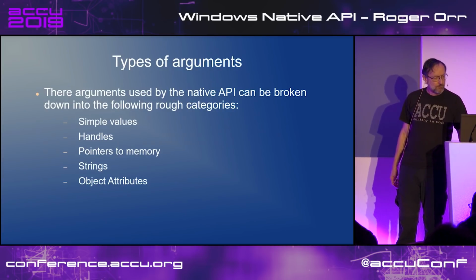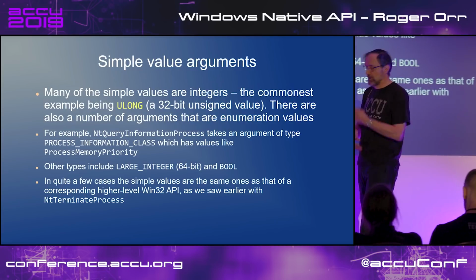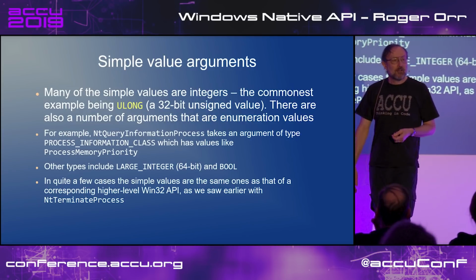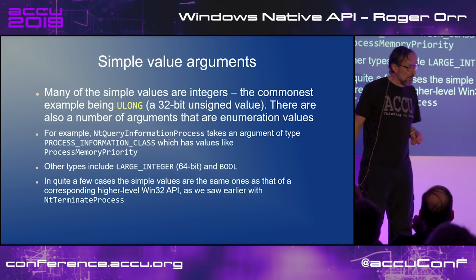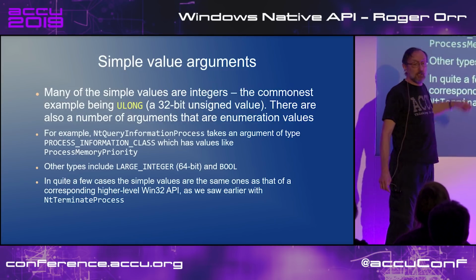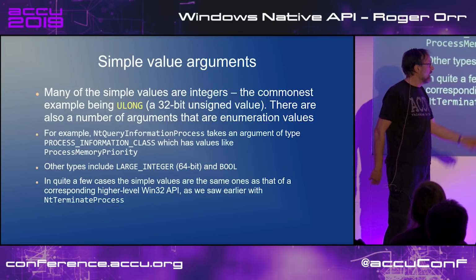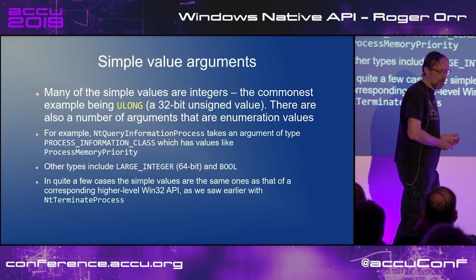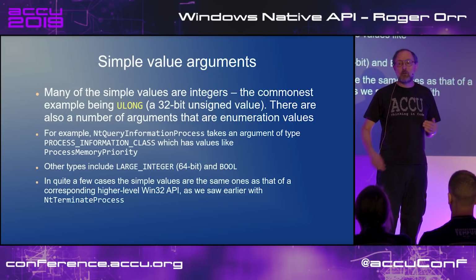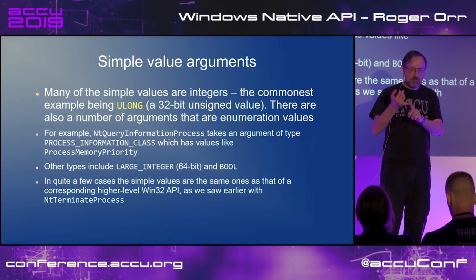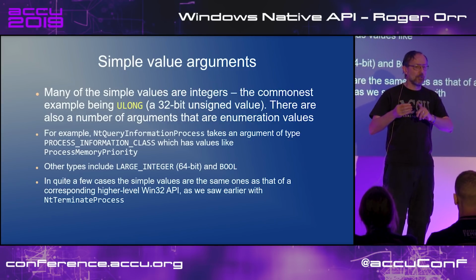We'll come to those. Simple value arguments, they're the simplest. That's partly why I call them simple value arguments. A number like this return code. Many are simply a ulong on the API calls. You pass in various numbers. Quite a lot of calls take an enumeration. So NtQueryInformation, and there's a whole set of query information calls for process information, system information, thread information, token information, file information, the whole list.